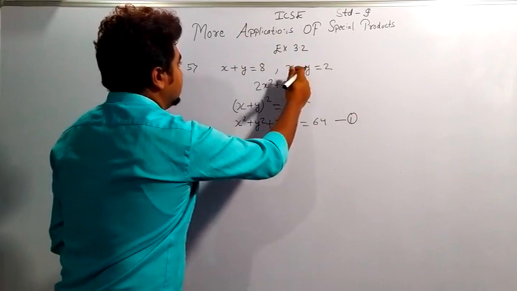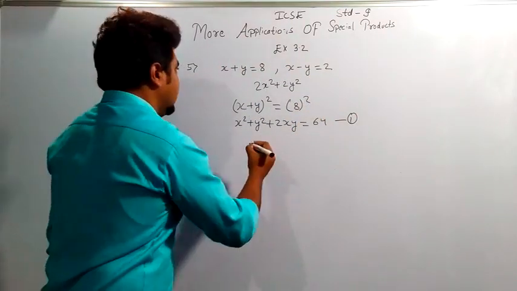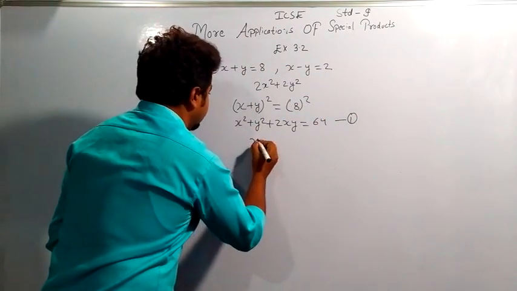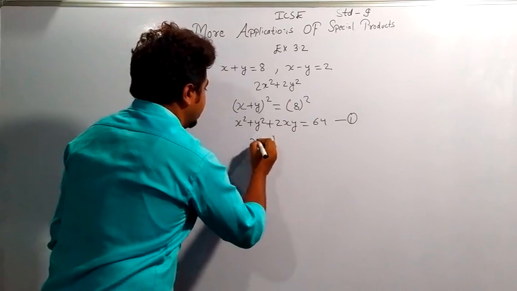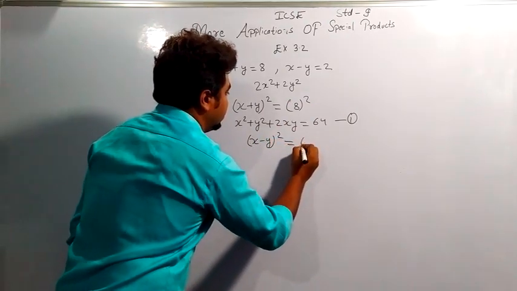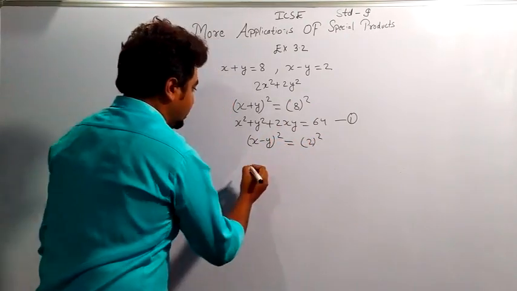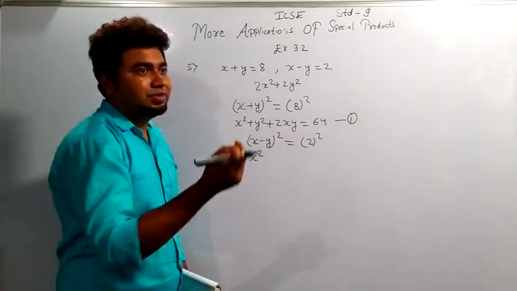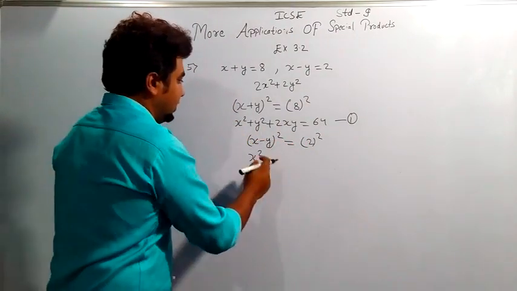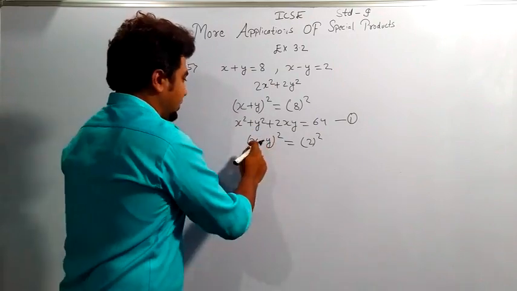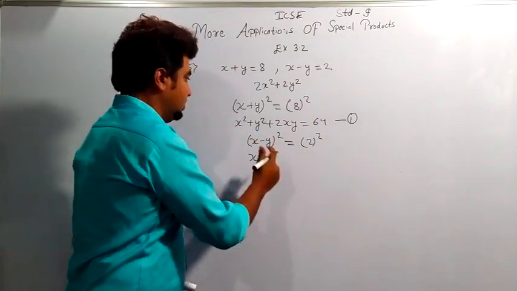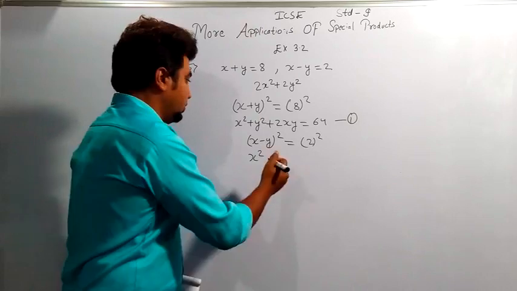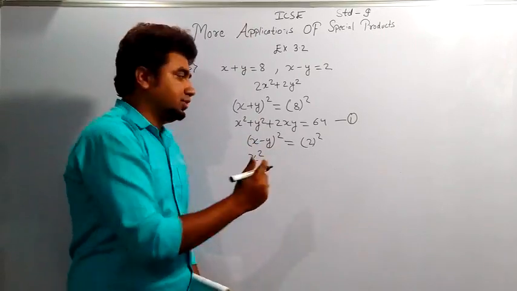Now equation number 2: it is given x minus y is equal to 2, so x minus y whole square is equal to 2 square. Many people directly write minus y square, but we have to think that it is not minus y square. Many write x square minus y square minus 2xy, but we have to write x square plus y square.